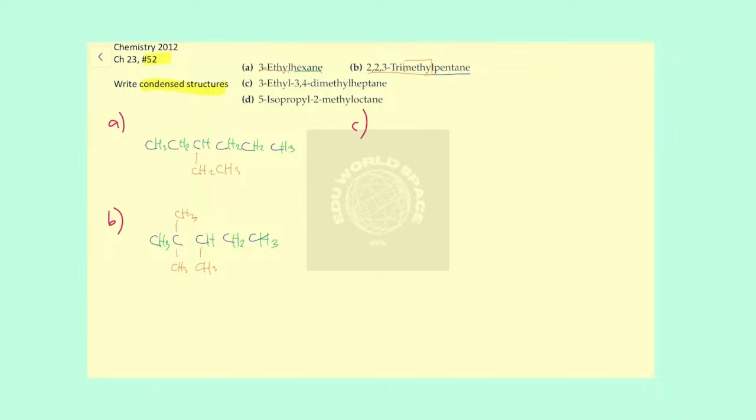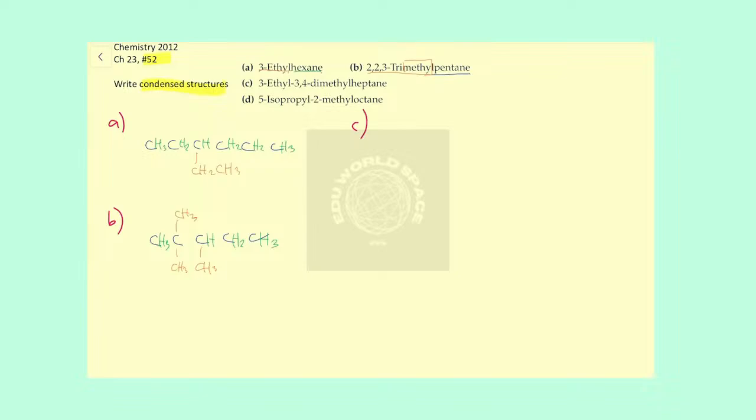Okay, this first carbon has 1 carbon connected to it, so that means it needs 3 more bonds, and that's going to be filled up by hydrogen. Okay, so second carbon would be CH2. This third carbon already has 4 carbons connected to it, so it doesn't need any more bonds with hydrogen.